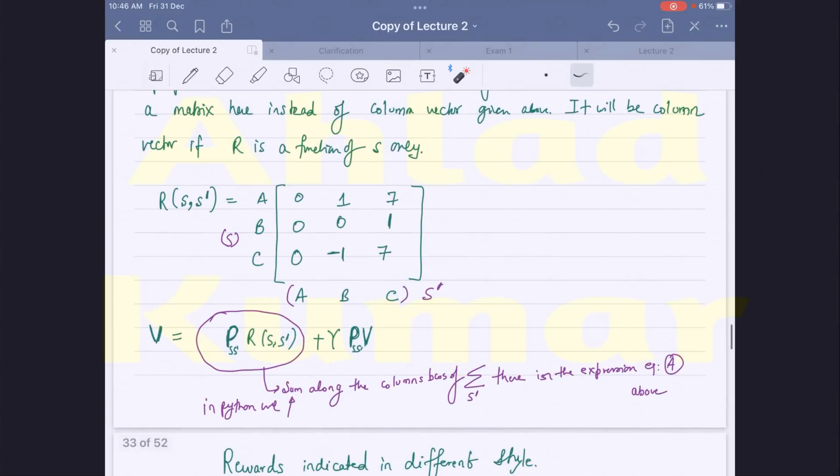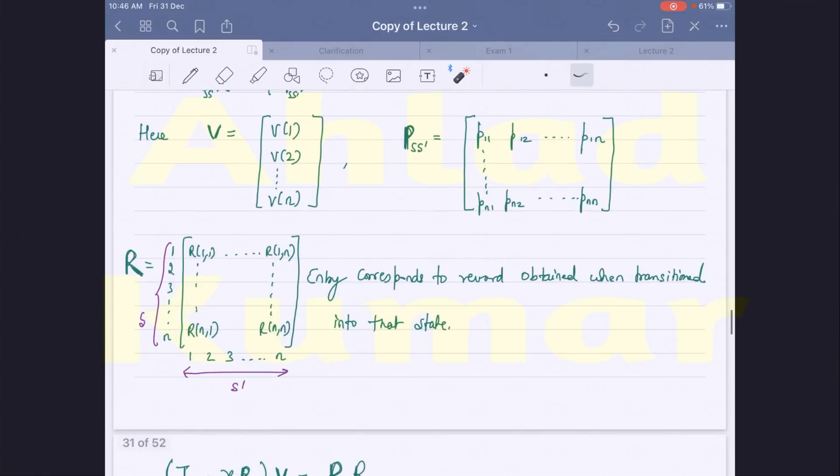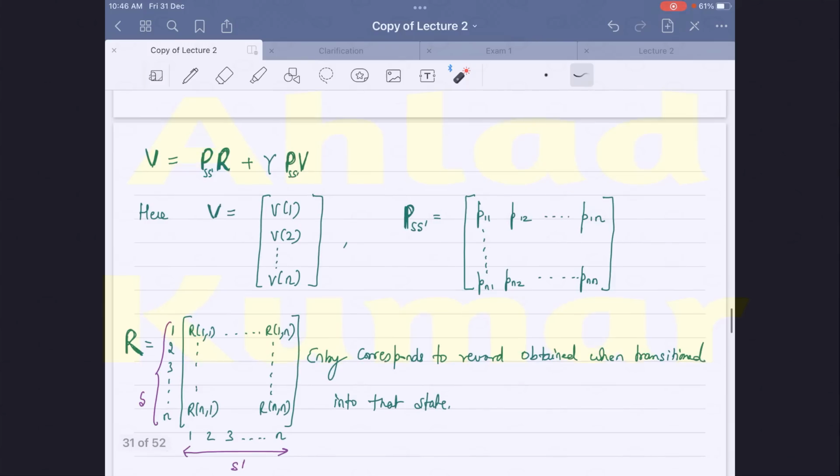Earlier, if you recall, we were using a matrix to represent the reward, but now it will be a column vector because the reward depends upon the state rather than the state transitions. As a result, this matrix will collapse into a single column vector for reward. That is the only difference, which changes the dimensions of these matrix multiplications.